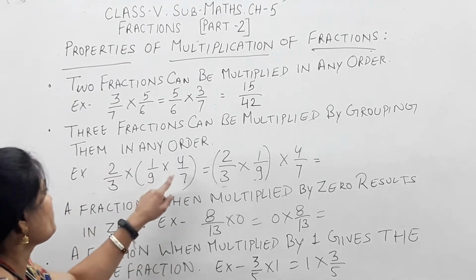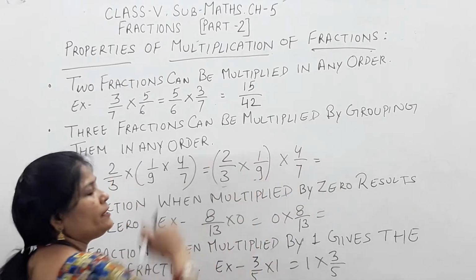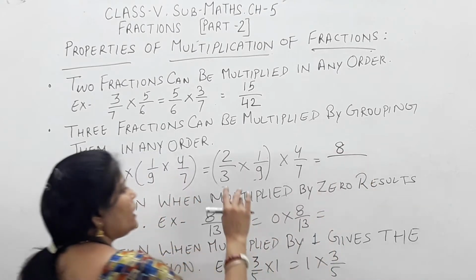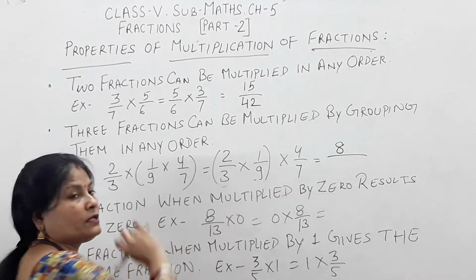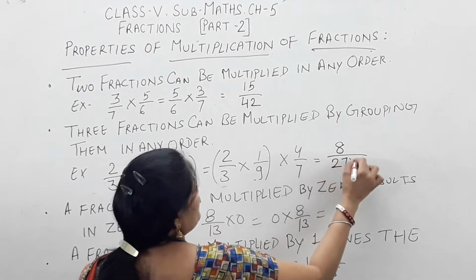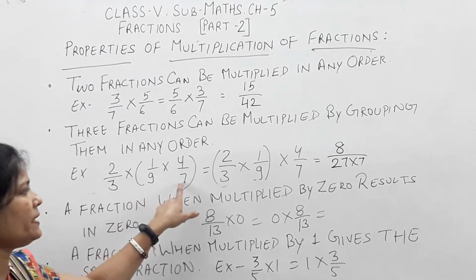Yes children, see, if I multiply, what do I get? 2 multiplied by 1 multiplied by 4. What is the result? 4 2s are 8, because these are the numerators. After that, 3 multiplied by 9 multiplied by 7. All are denominators. So I multiply 9 3s are 27, multiplied by 7. In the same manner, 3 multiplied by 9 is 27, multiplied by 7.